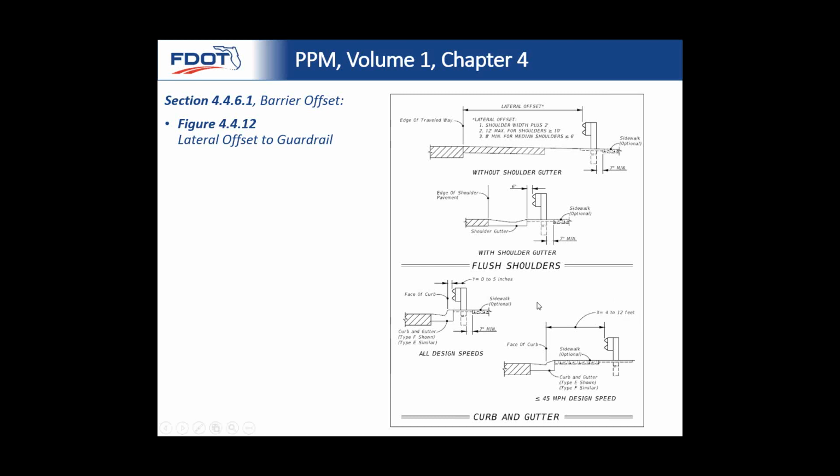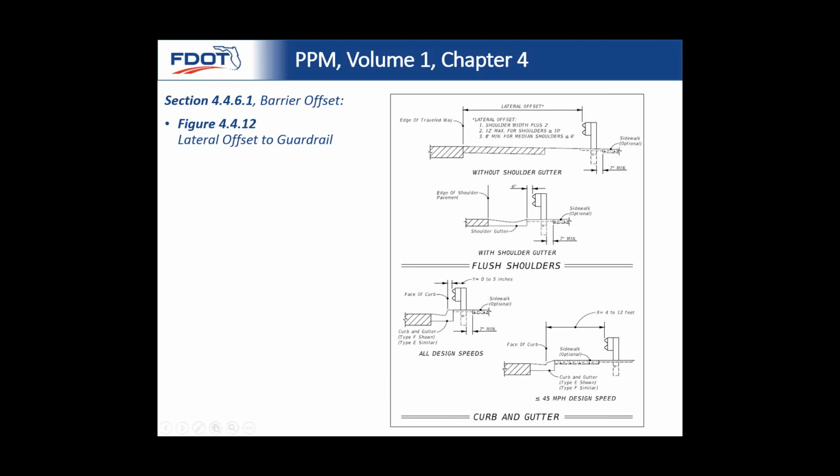Can I explain the reason for the 4 feet, the vehicle instability? Essentially you have this area between 5 inches and 4 feet where you can't place the guardrail, and that's because vehicles can encounter some instability, and I don't really want to call it instability, but it changes the trajectory of the vehicle when it comes in contact with a curb, and it doesn't allow a vehicle to contact the guardrail in a manner where it will perform the way it's intended.